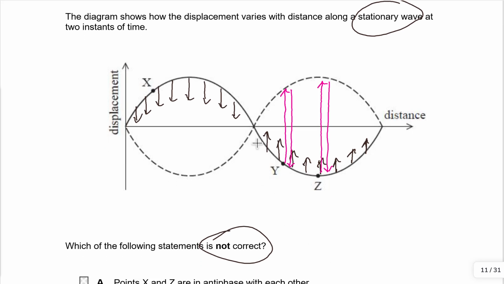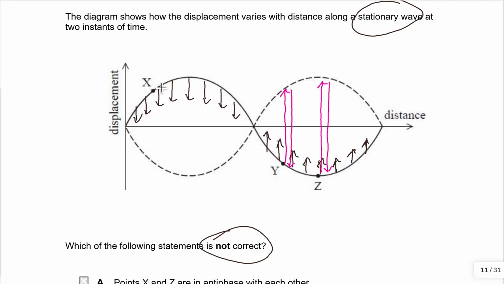Now, just some first points. All of the points between two nodes, there's one node there, there's another node there, so all of these points along this section here move in sync, i.e. they move with each other. So when this part of the string goes down, this part goes down, this part goes down with each other, so they follow each other.